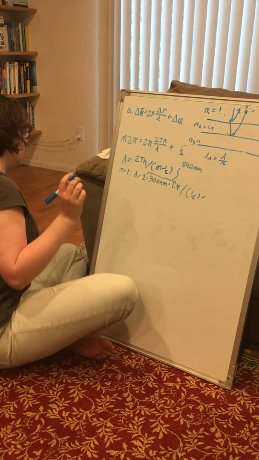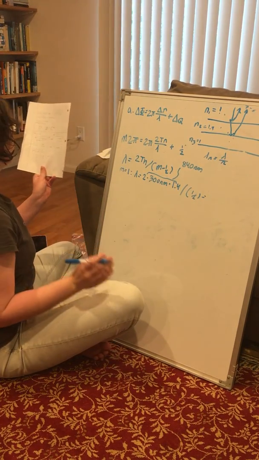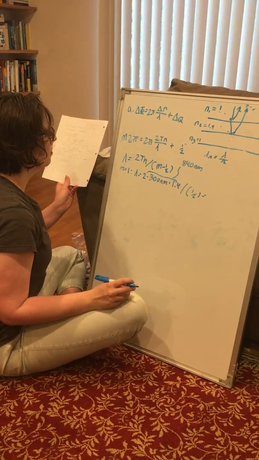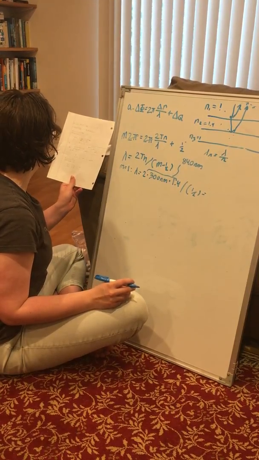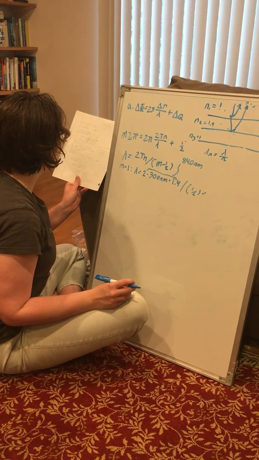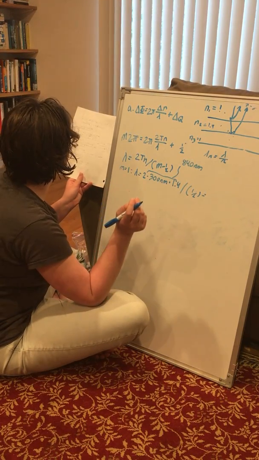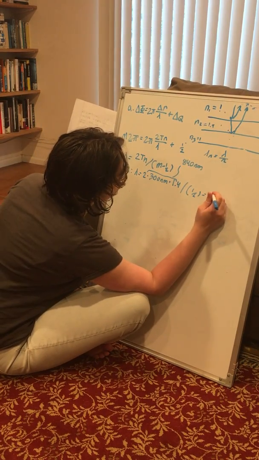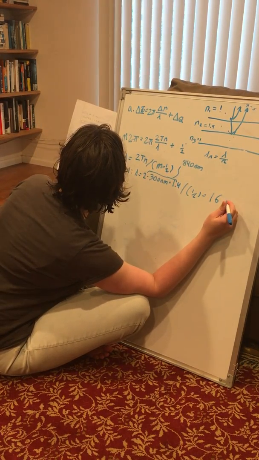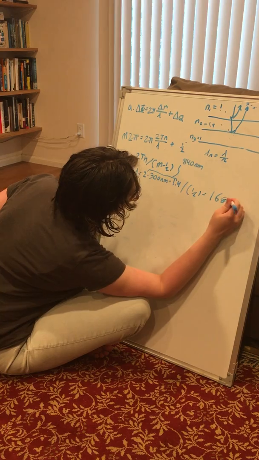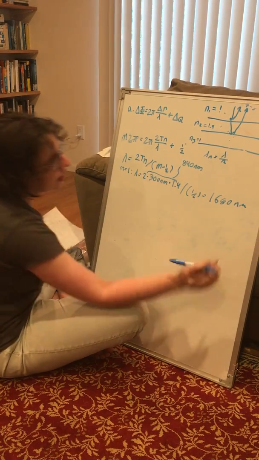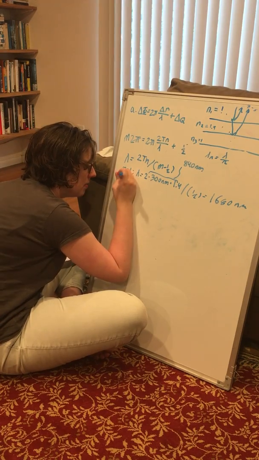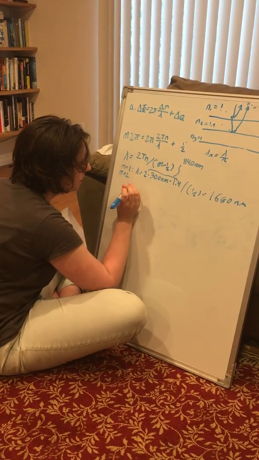And then plug that into our handy friend, the calculator, and we end up with lambda equals 680 nanometers, which is not within the visible range. So that's something. So then we go on to m equals 2.